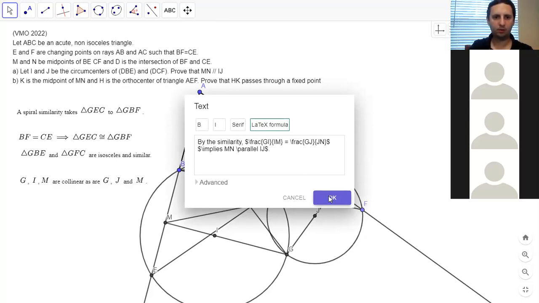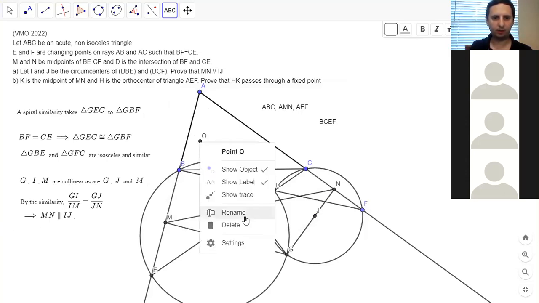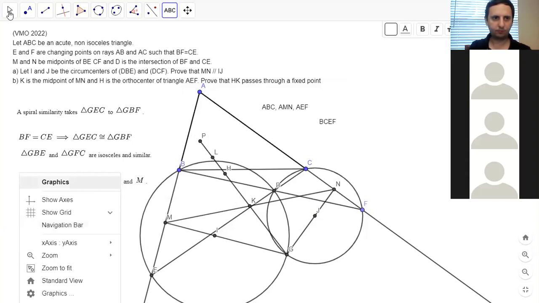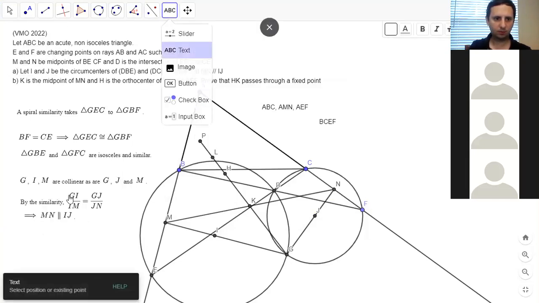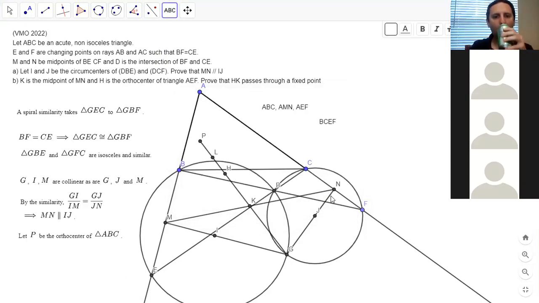And then I'll say let O be, or I'll give it another name, I'll call it P. Let P be the orthocenter of ABC. So G is the Miquel point of BEFC.